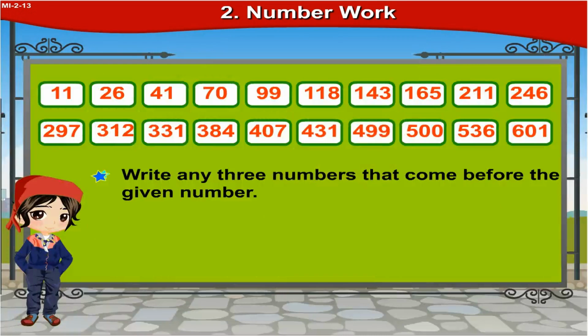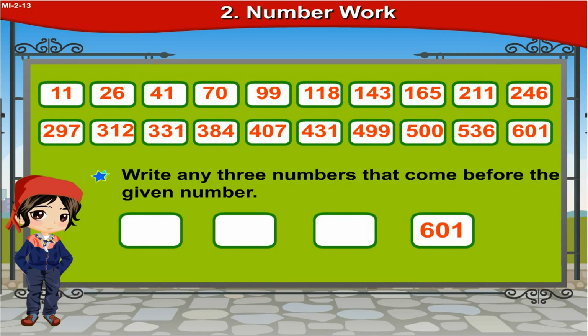Now let us solve the next sum. Box, box, box 601. Here we need to write a number before 601 that is smaller than 601. So we can write 499. In this box you will write a number that is even smaller than 499.